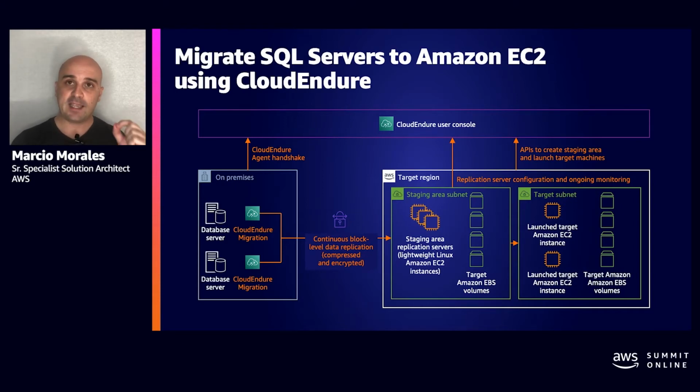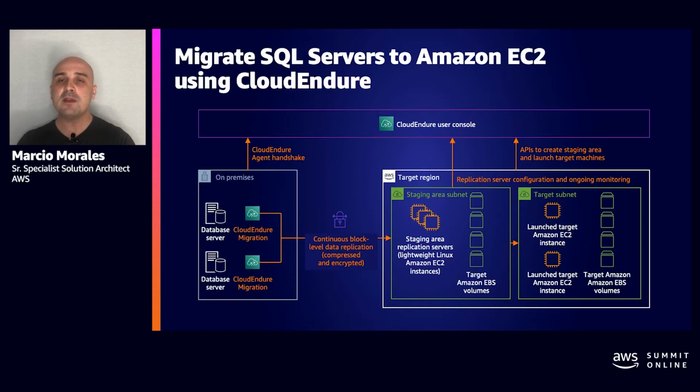The agent is going to establish an HTTPS connection with the CloudEndure console and AWS APIs. The CloudEndure agent then is going to start capturing all the blocks, encrypt those blocks, compress those blocks, and send them to AWS as Amazon EBS volumes.